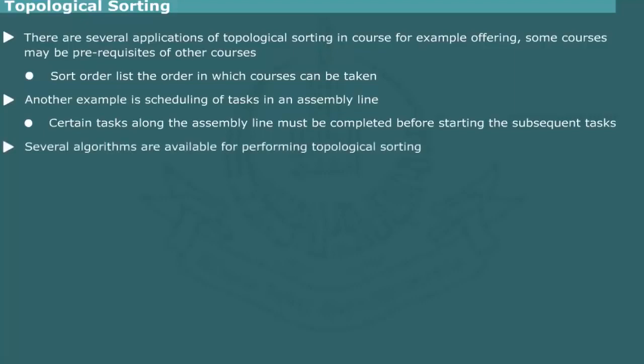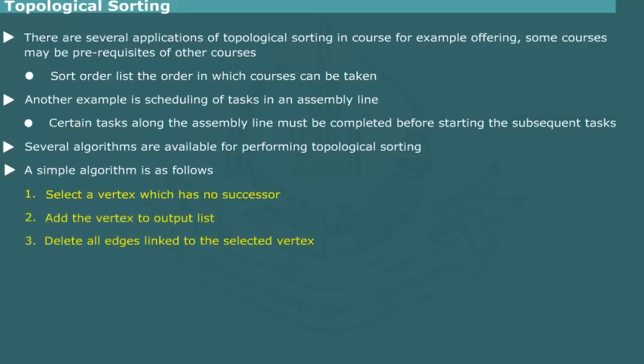There are several algorithms for performing topological sorting. In one simple method, a vertex which has no successor vertex is chosen. It is added to the list, and all edges that end at this vertex are deleted. This process is repeated on the next vertex that has no successor, until all the vertices have been added to the list.